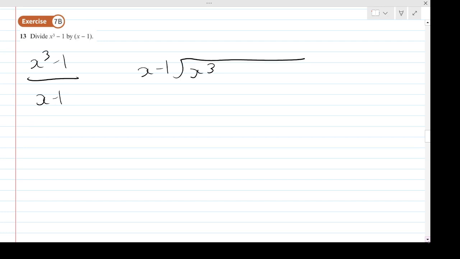But I need to incorporate the x squared and the x terms. Well, there are no such terms, so we could just write 0x squared and 0x minus 1. And so we can then proceed with the method as usual.